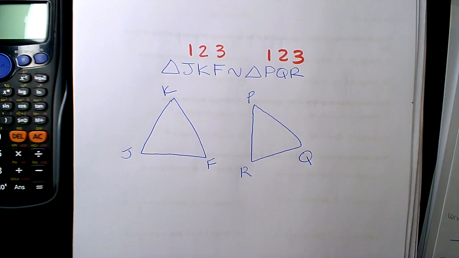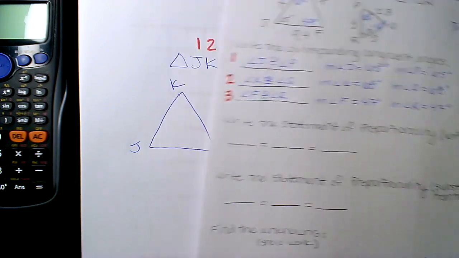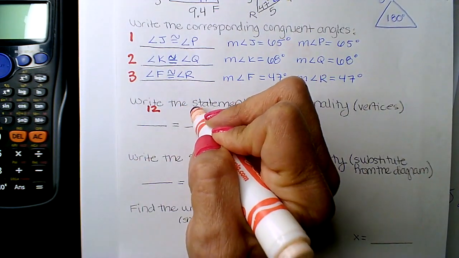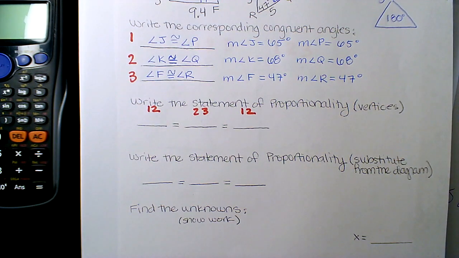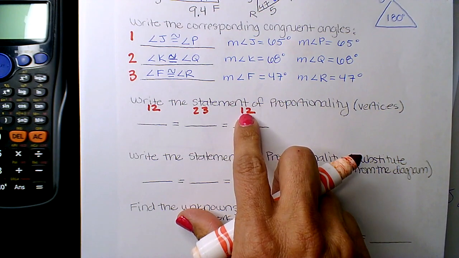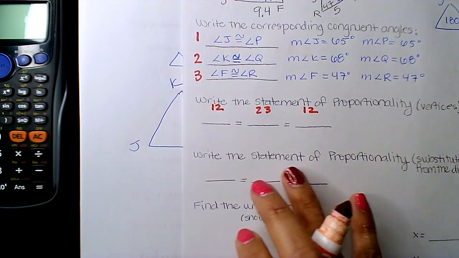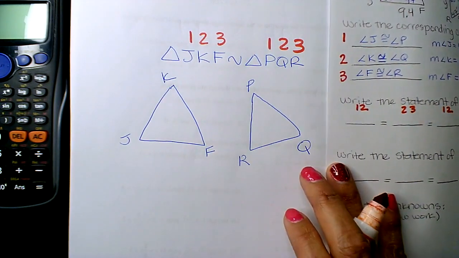Okay, so when you guys are looking at this, you're going to hit 1, 2, 2, 3, 1, 2. So write that. Okay, so what are letters 1 and 2?